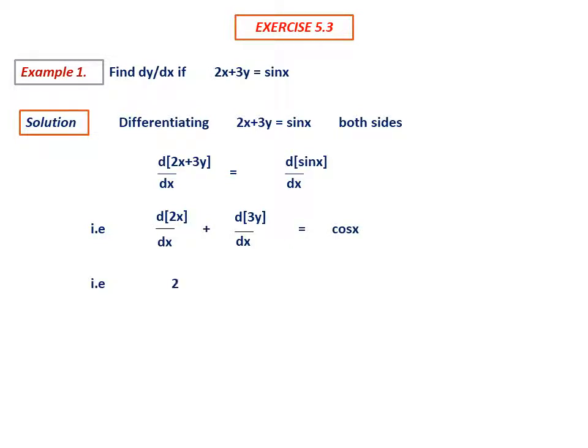Now 2, because 2 is constant, comes out, d by dx of x is 1. Then plus 3 you can take out, then dy by dx, equal to cos x. Now we are interested in finding dy by dx. Therefore simplify. Dy by dx will be equal to cos x minus 2 divided by 3. So this is the answer.